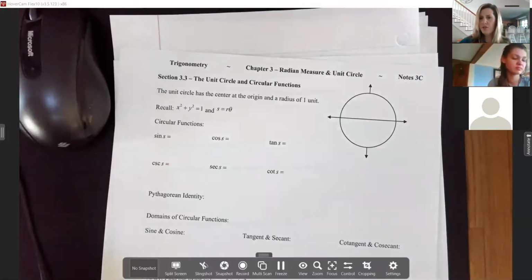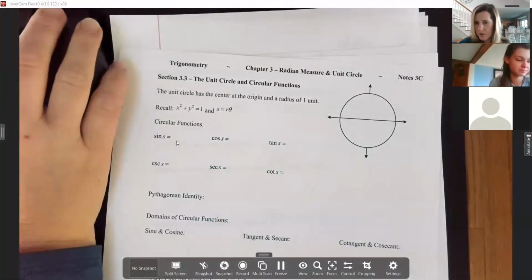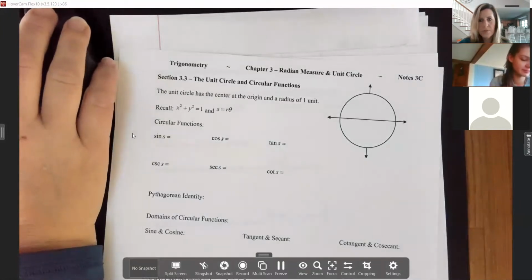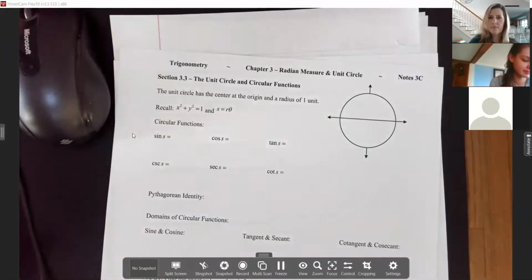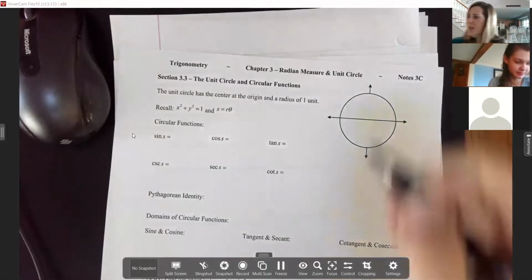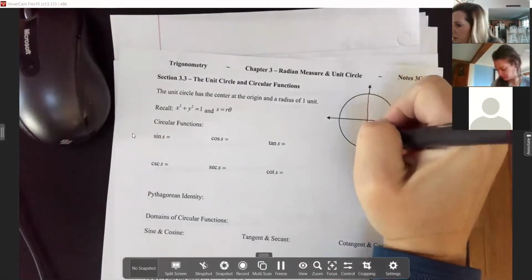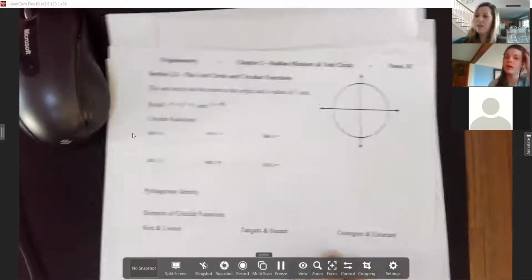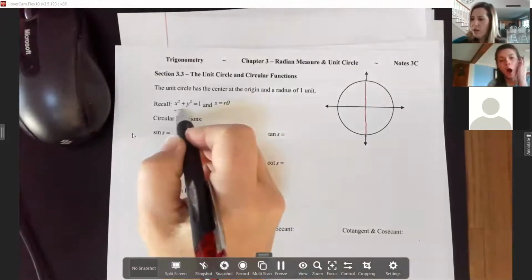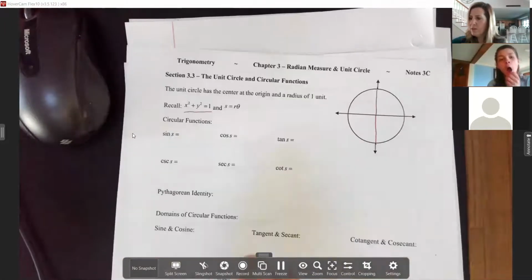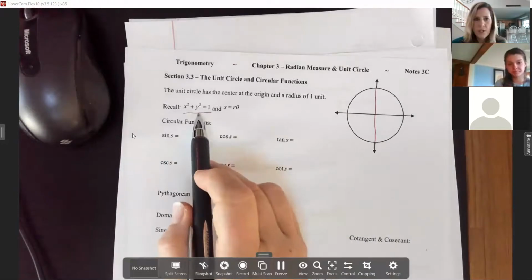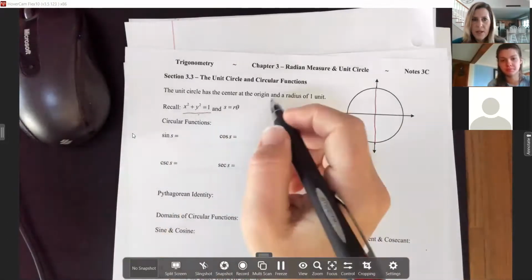So in your notes, you should have taken these down, right? All right, so here's the formula for a circle with radius 1.